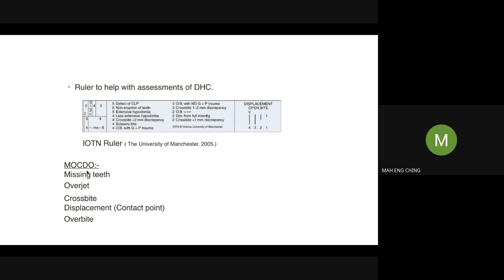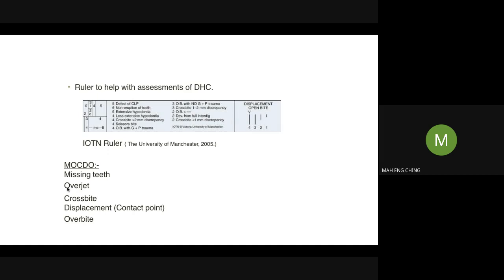But when we grade the IOTN, we go according to the motto. Remember this motto. The first one is missing teeth. Missing teeth always come first. Let's say I have a missing teeth problem and an overjet problem, which one are you going to choose? You're going to choose the missing teeth rather than the overjet. Let's say you have an overjet and an overbite problem. Which one can you choose?